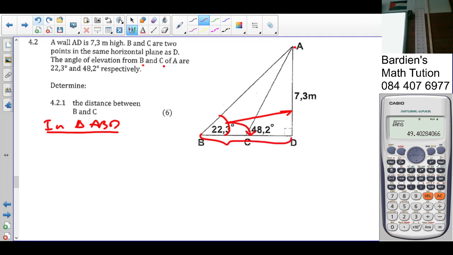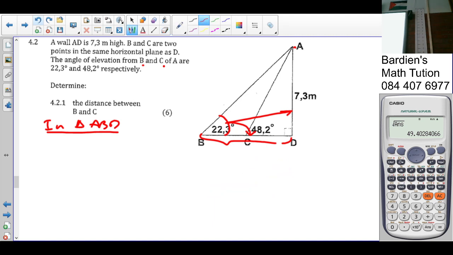That's what I'm calculating. If you can't see past that, no problem. Redraw it. 7.3. This is BD. This is 22.3. Opposite and adjacent is still the same. Did you see that, people? I'm sure most of you can see past that.